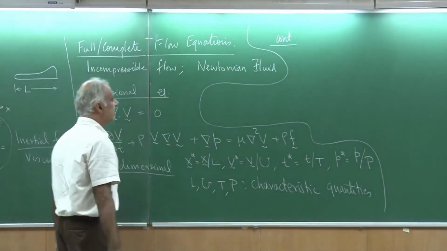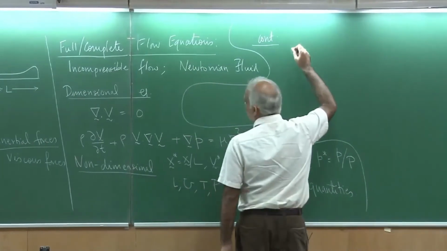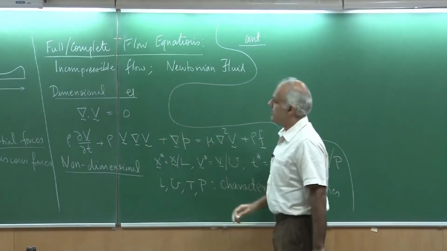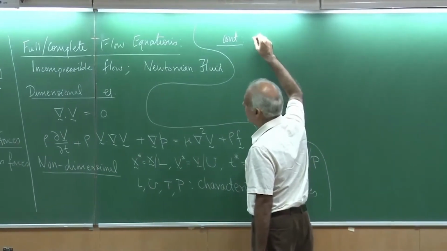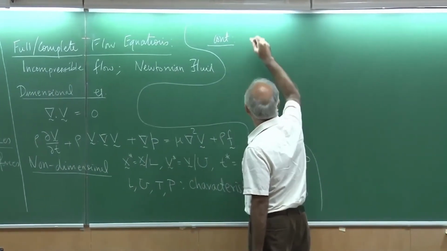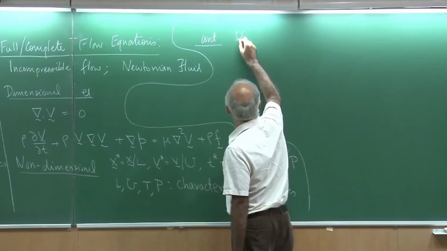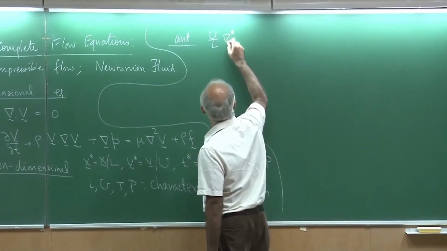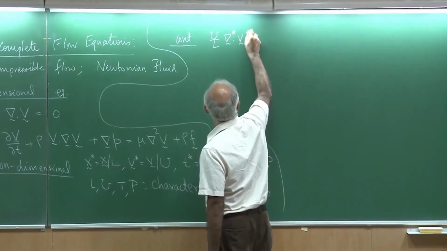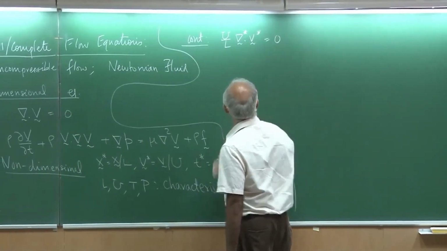If I substitute for the divergence operator, I get 1 over L, and for the velocity I get U. So I get U by L times the divergence of V star equals 0.